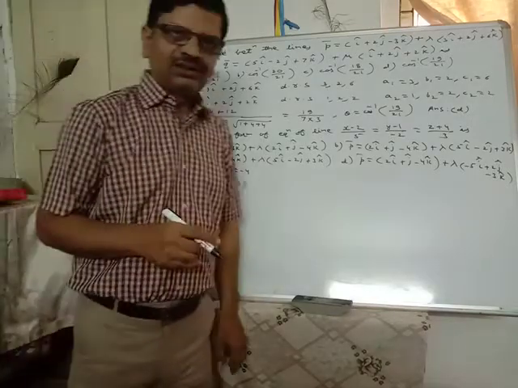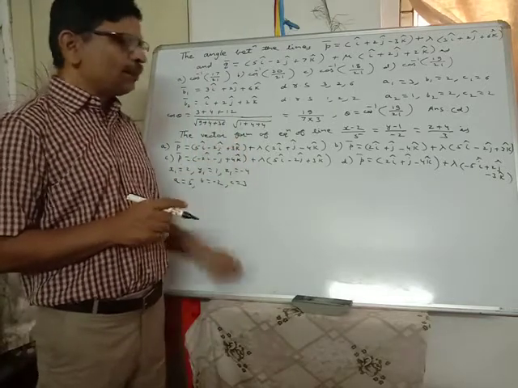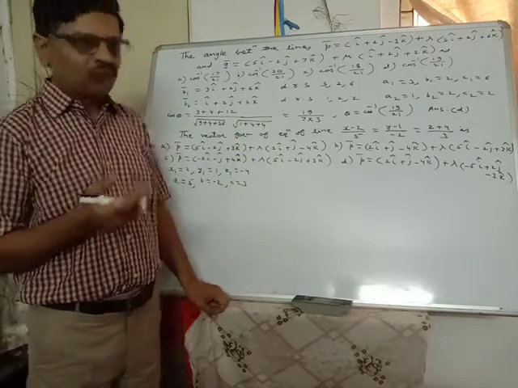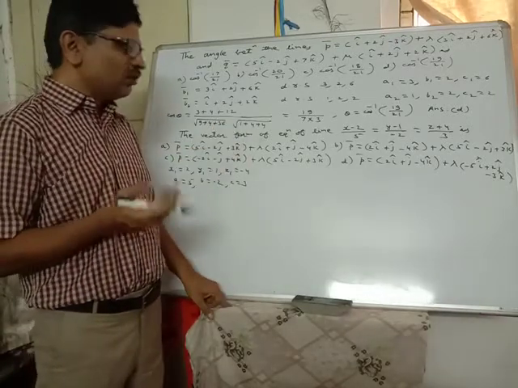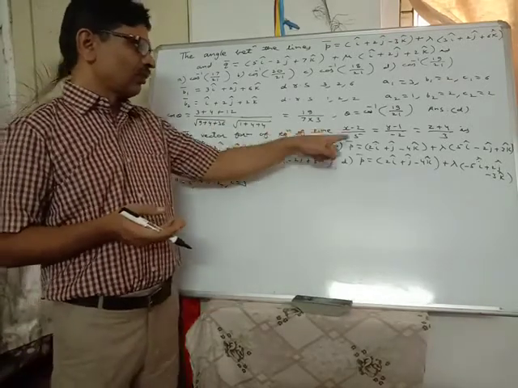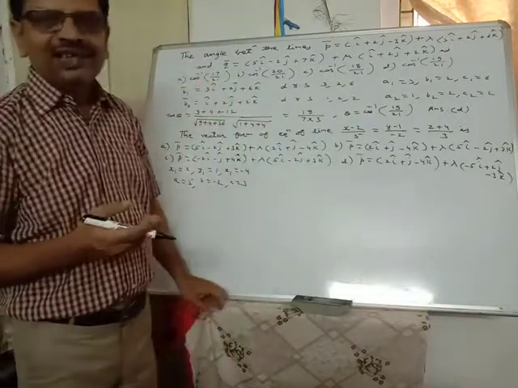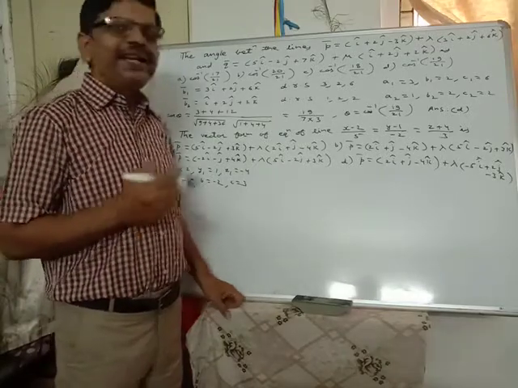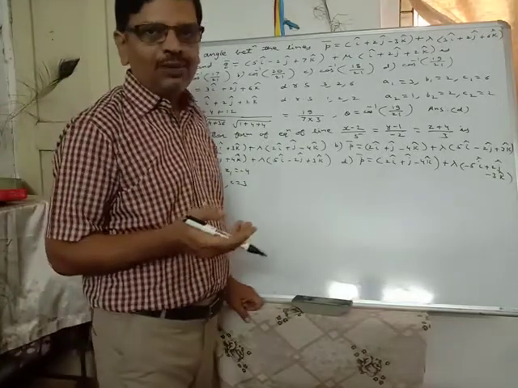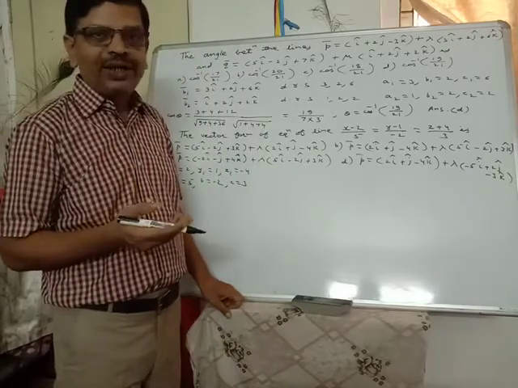Observe options. No option contains Cartesian form. Every option contains vector form. It means that we have to convert equation of line from Cartesian form into vector form. For getting equation of line in vector form, we should know position vector of one point on the line.